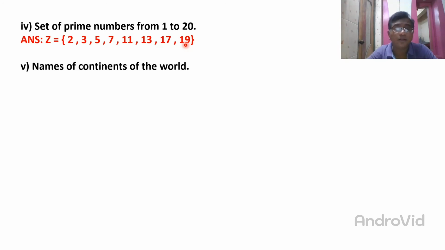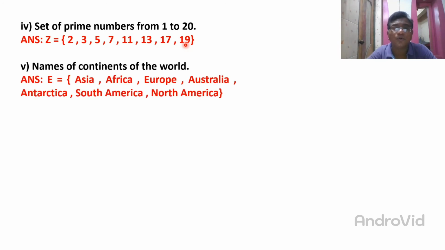Okay. Then the names of continents of the world. Set E is equal to Asia, Africa, Europe, Australia, Antarctica, South America, North America.